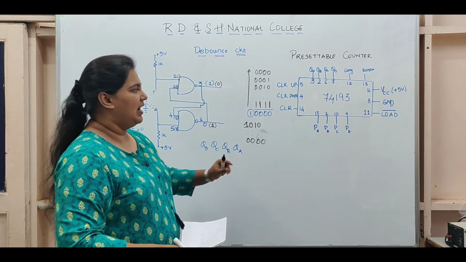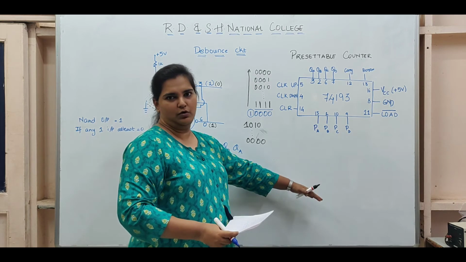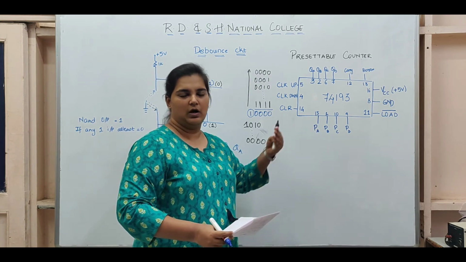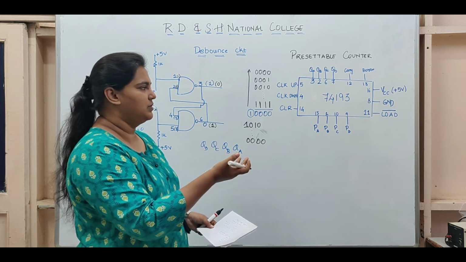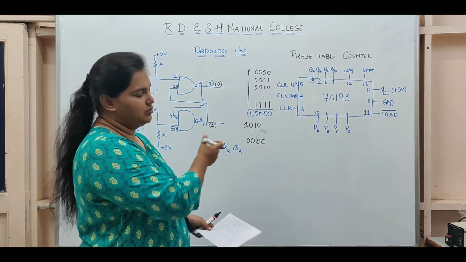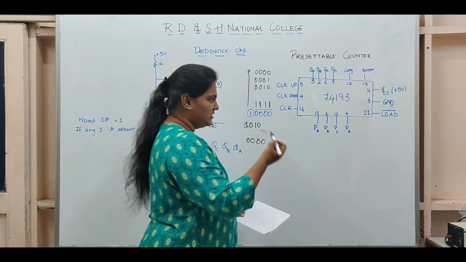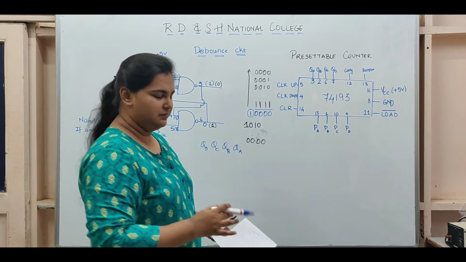Now coming to what we follow when we want to count up, count down, or preset. Load will obviously allow us to do preset. So there's a table we'll follow religiously for this.